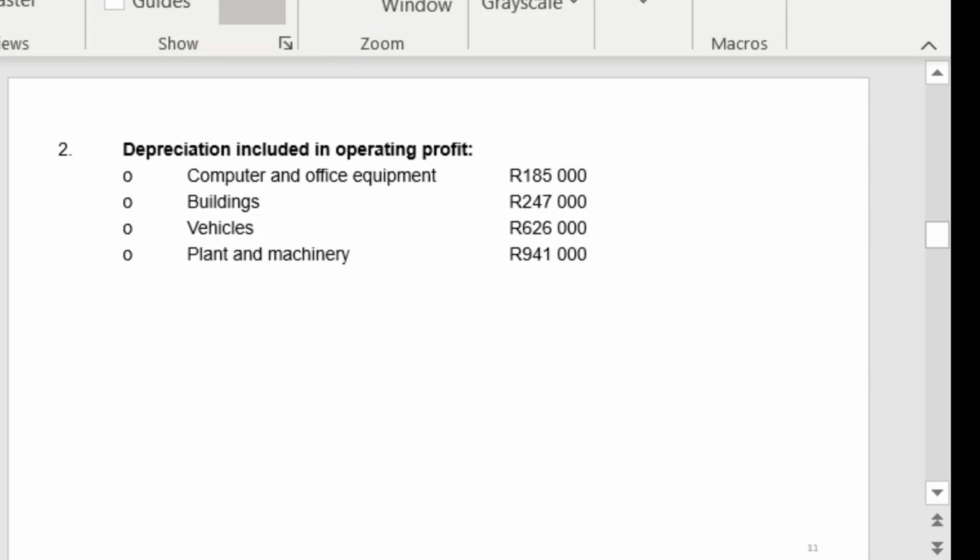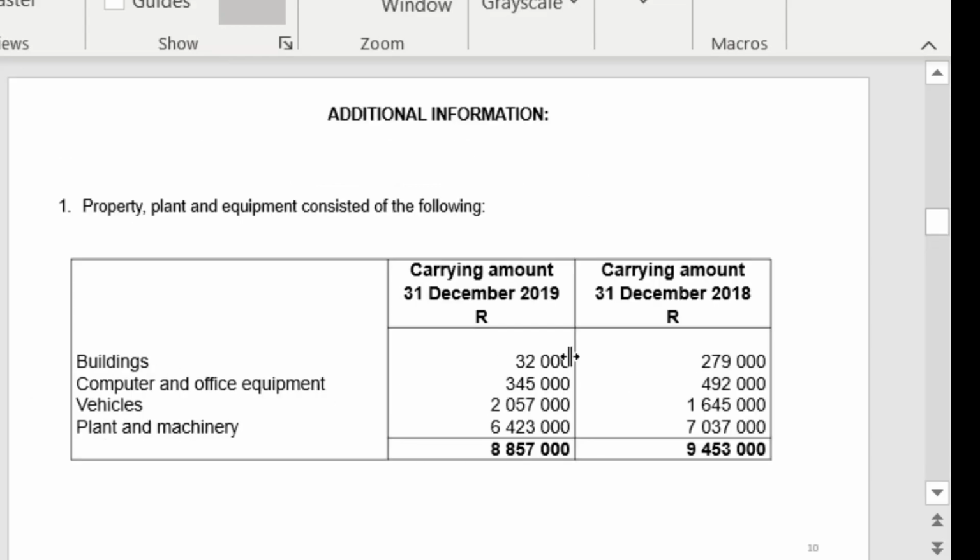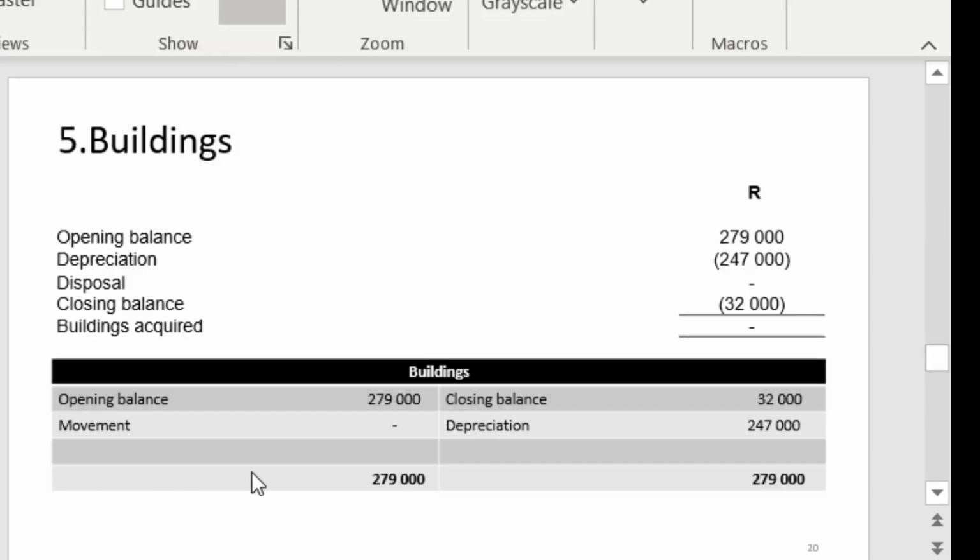So now we're going to do the calculations. We'll use the T accounts to determine whether there was any replacement or not. It is very important that we do the calculations for all the assets so that we can see whether there was any replacement or additions. Let's start with buildings.